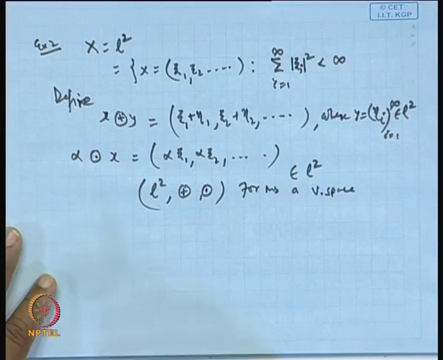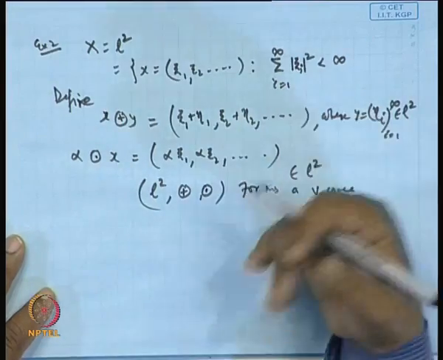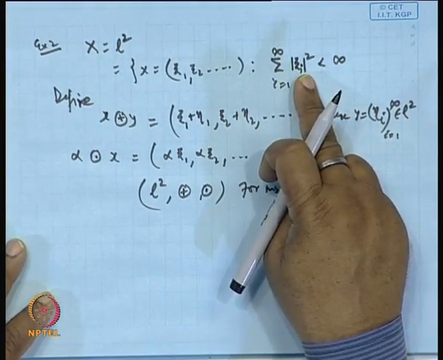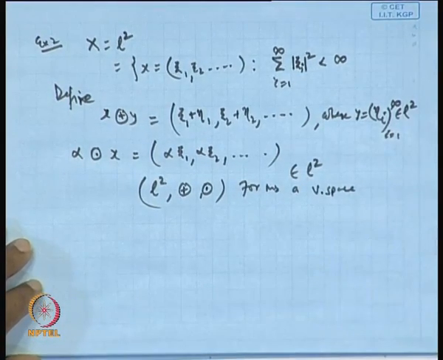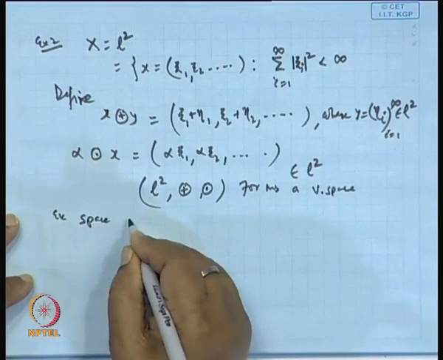Clear? Now, if these xi's are complex, then it is a complex vector space. If they are real, then it is a real vector space. So, there is no need for the modulus sign if it is real. Okay. Then we have another one which is also interesting, the space C[a,b].